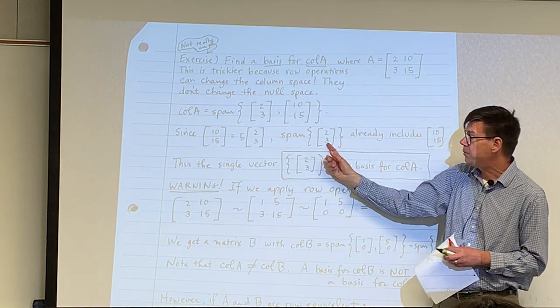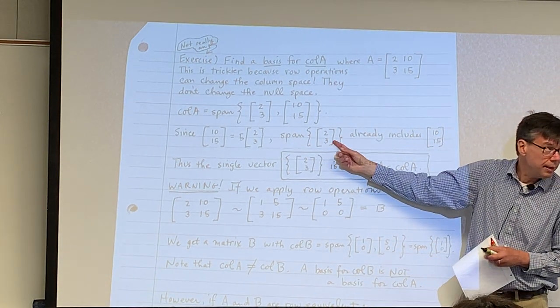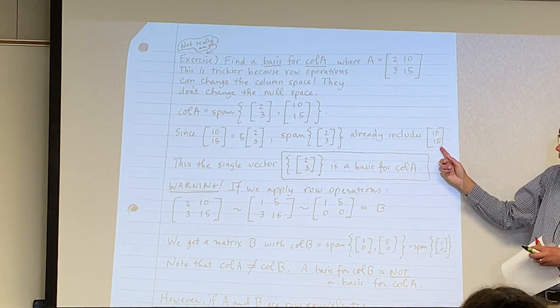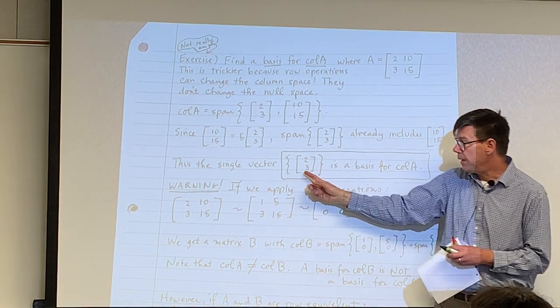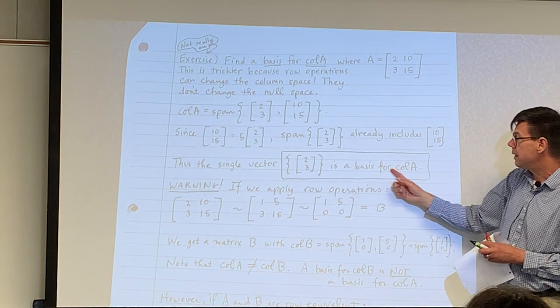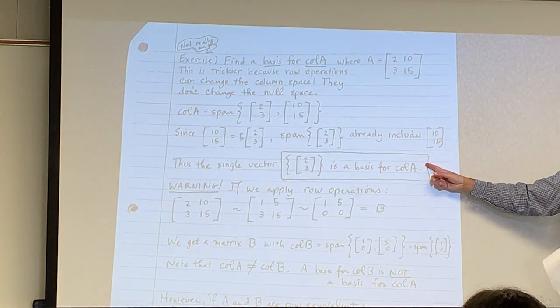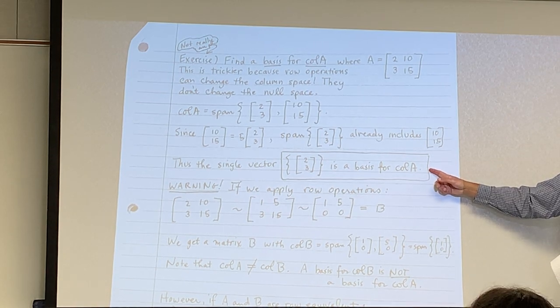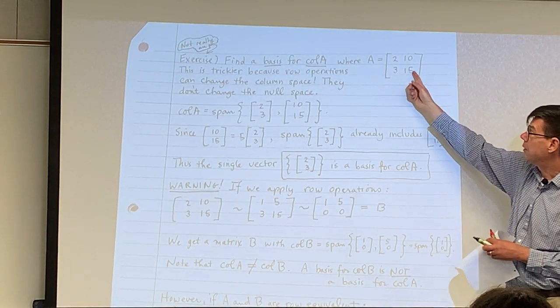I could just look at the span of 2, 3. That already includes the vector 10, 15, right? And so the single vector 2, 3 is a basis for the column space of that matrix, okay? Am I off in my own world? Just again, there are two columns.